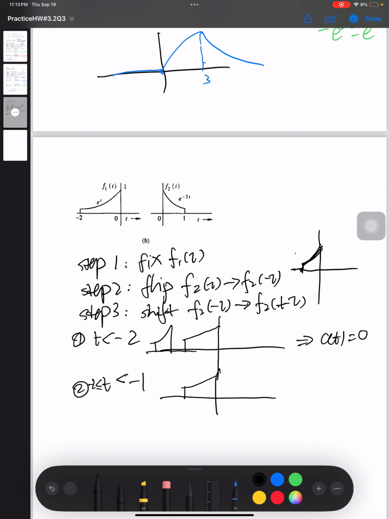The first one is not changing, and the overlap is this part, and we can calculate the integral from minus 2 to t.